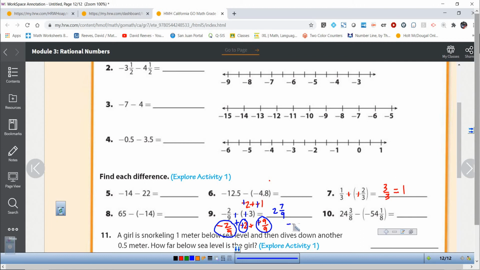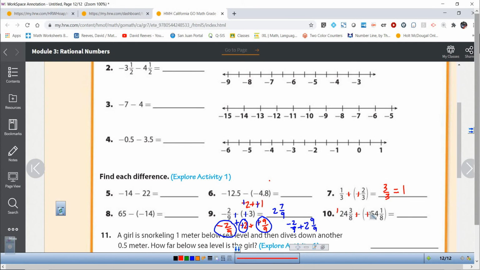So again, just to summarize, what I have here is a negative 2/9 plus a positive 2 and 9/9, right? And that 9/9 minus that 2/9 gives me that 7/9, and I get 2 and 7/9. All right, if we look at this problem over here, mixed numbers, I've got 24 and 3/8 minus a negative 54, but subtracting a negative is the same as adding a positive.